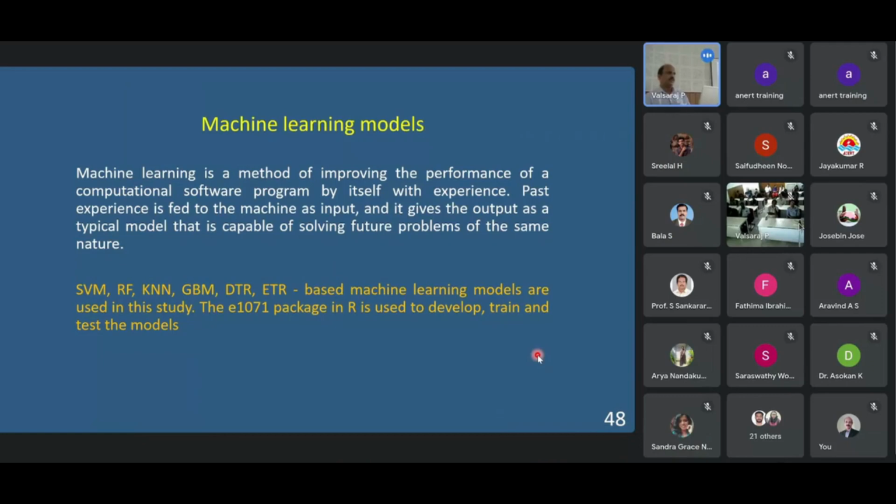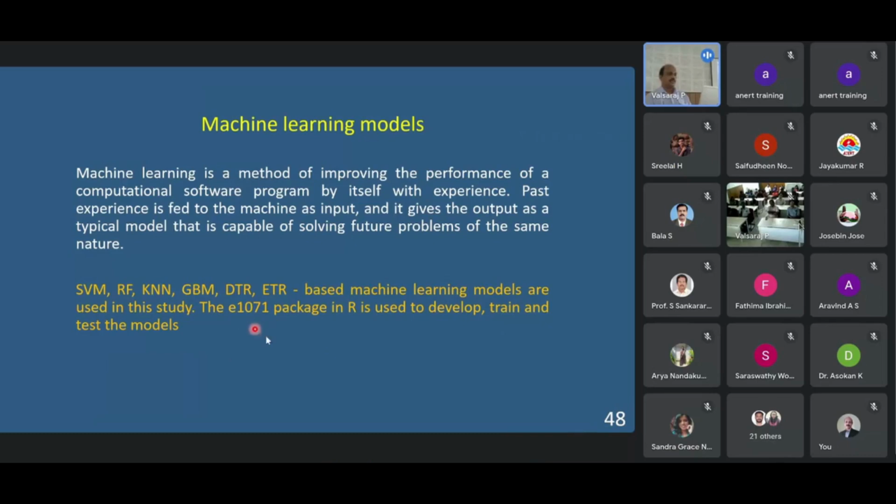The algorithm used in the program detects the pattern of data, and that information is used to predict the future case. These are all common algorithms. My intention was not to improve the algorithms and the model. So I used the commonly available SVM regression, random forest regression, k-nearest neighbor regression, gradient boosting machine, decision tree regression, and exploratory regression like this.